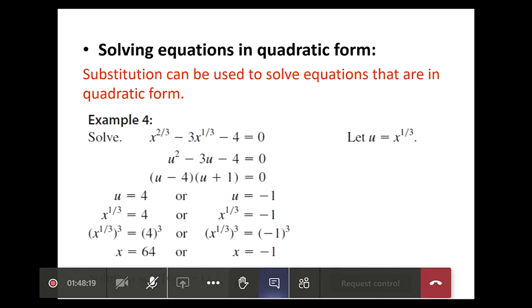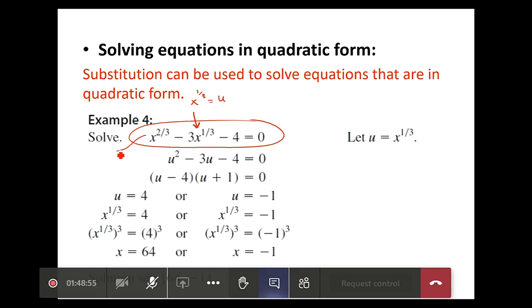Solve the equation in quadratic form. Here we don't have the equation in quadratic form directly, so we need to convert it to quadratic form. How? Let x to the power 1 over 3 equal u, or y or s or t, any variable.